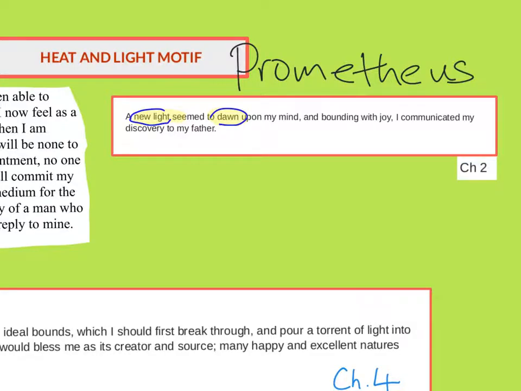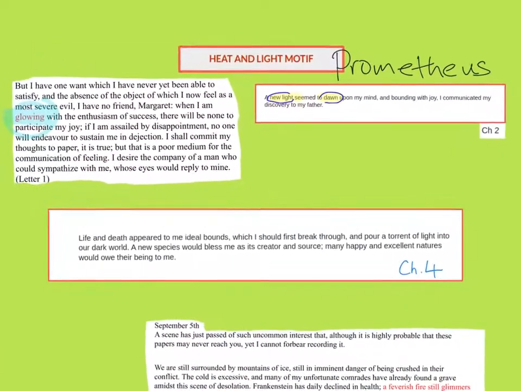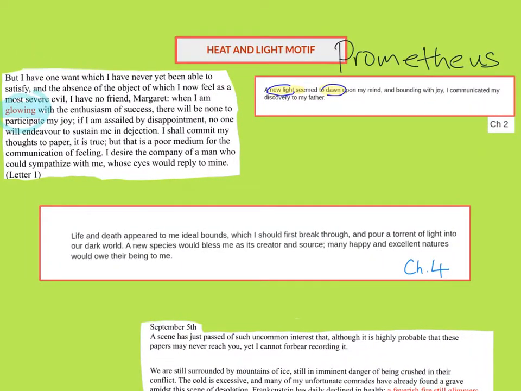Moving into the centre as well, you can see this light imagery again, absolutely linked to this idea of male ego and vanity with achievement. "Life and death appeared to me ideal bounds, which I should first, note that first, being a pioneer, break through, and pour a torrent of light into our dark world."